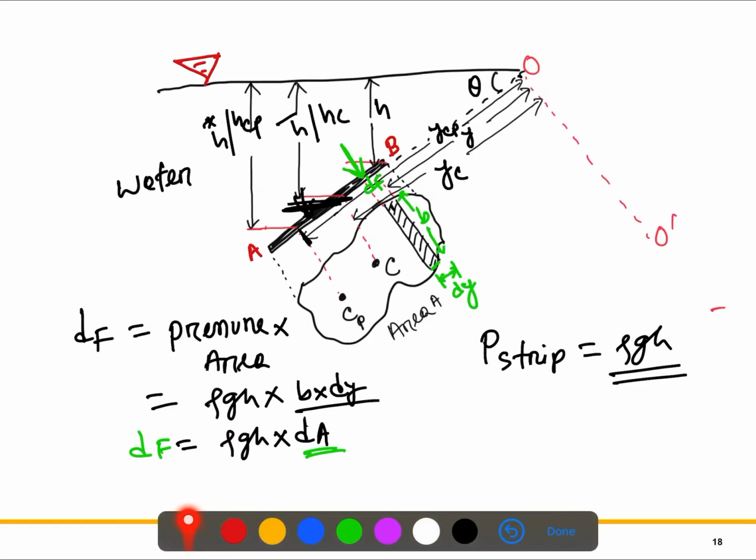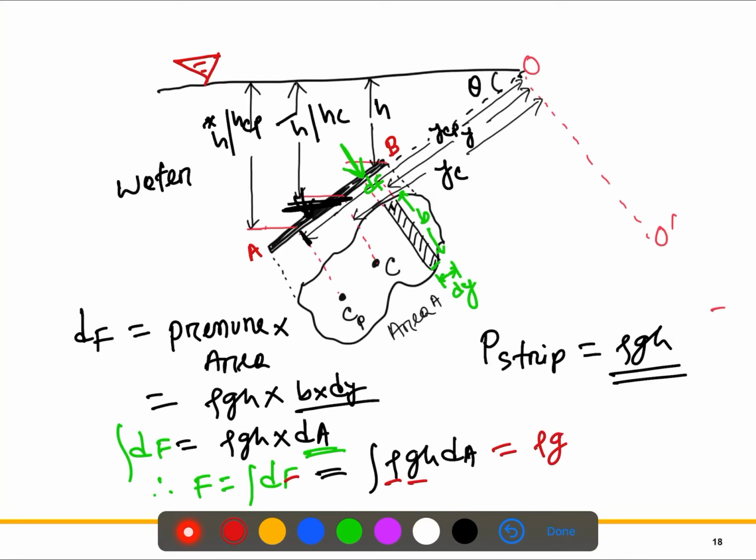So we integrate dF, and the integration and differentiation cancel out, so we get F. It will be equal to the integration of rho g h dA. Rho, the density, and g, gravity, are constants, so put them outside, leaving h dA.